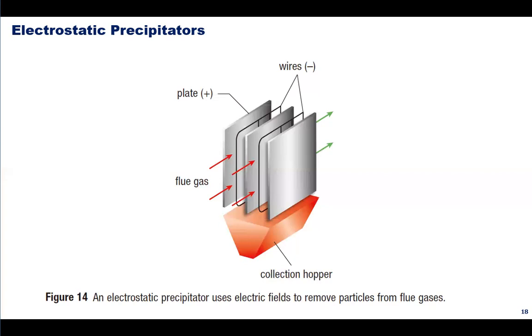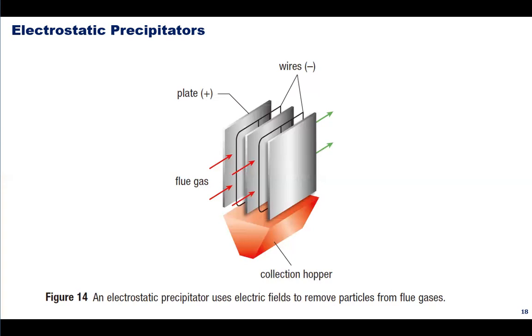So the force drawing these negatively charged particles toward the positively charged plates is very large. Shaking the plates from time to time loosens the particles that accumulate on them. A storage or collection hopper below the precipitator collects this refuse.